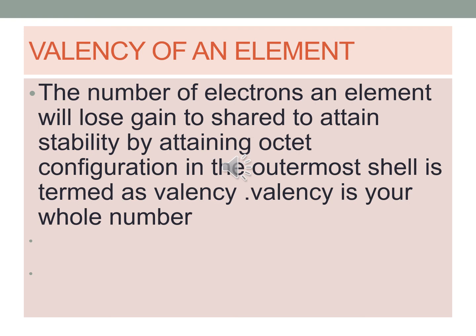The outermost shell L has only 4 electrons. So it can lose 4 electrons, gain 4, or share 4 electrons to attain stability. Carbon shares 4 electrons easily. So its valency is 4.